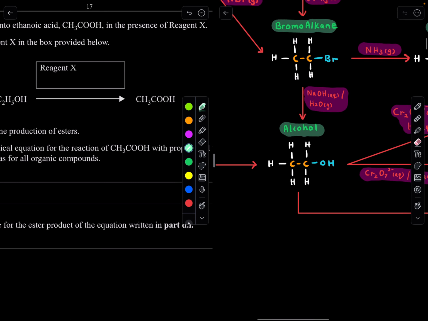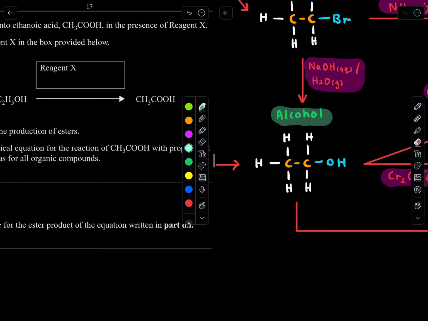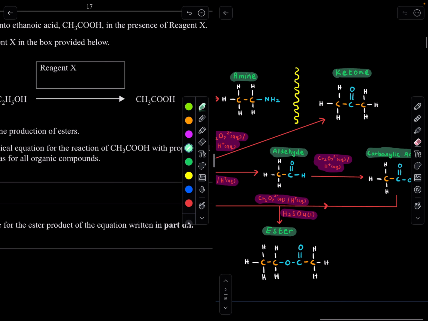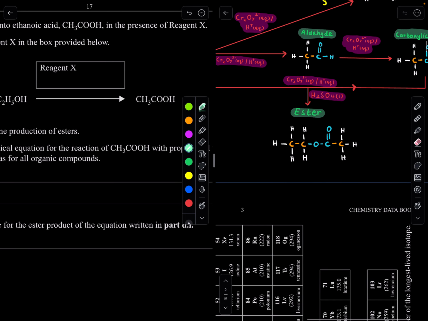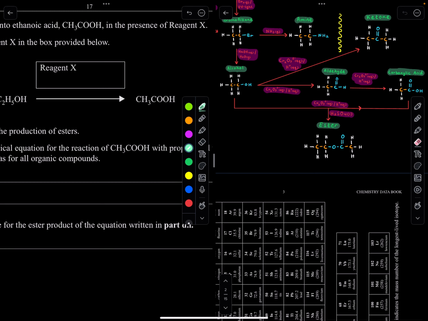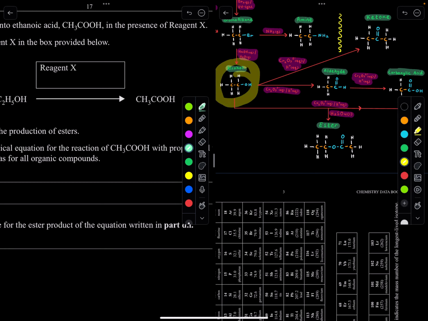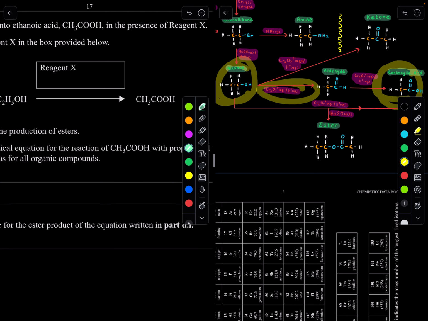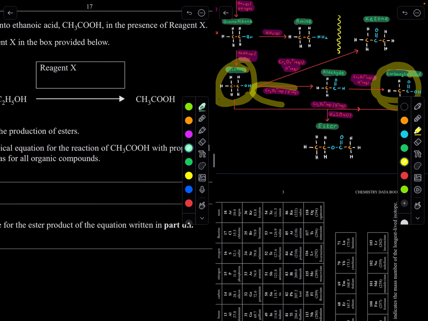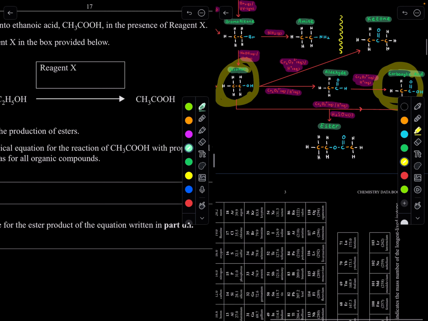So this here is, of course, the alcohol. And to get to the carboxylic acid, we're going from this alcohol over here. What is our reagent? Well, we use this one over here, which is Cr2O7. This one or this one, they're both the same, by the way. To get from alcohol to carboxylic acid, both of these are the same. So these are your reagent.